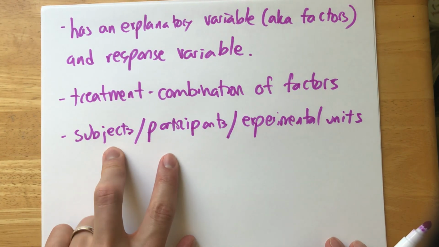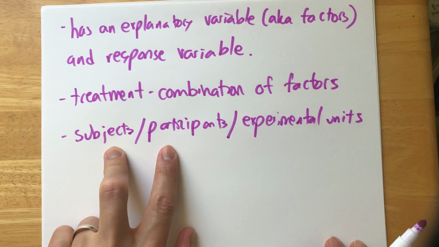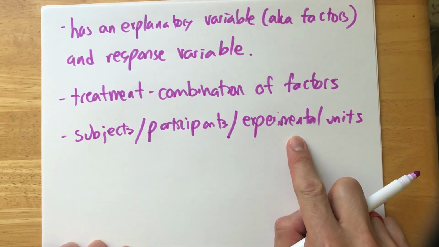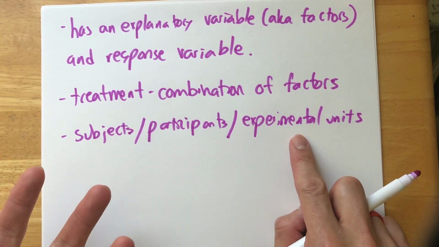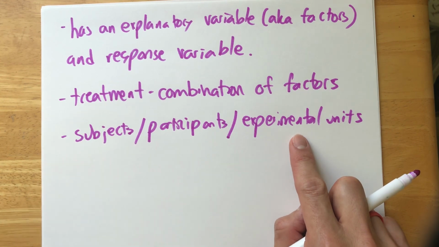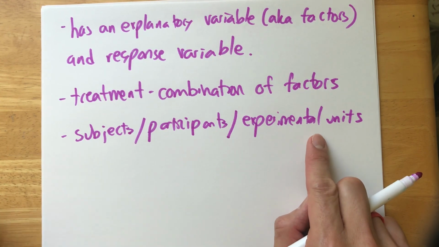You know, subjects and participants, we usually talk about humans, right? If a human was participating in an experiment. However, what if you were measuring the effectiveness of laundry detergents or washing machines, right? Those would be units. Or you want to see how clean dishes are. You wouldn't call a dish a participant or a subject. You would call it an experimental unit or a unit.